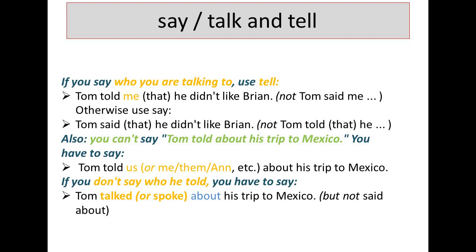Told is the past of tell, and tell is followed by someone else. So Tom told me, or told us, or told you about his trip to Mexico. If you don't say who he told, if we don't know with whom Tom was talking, we use talk or speak with about.